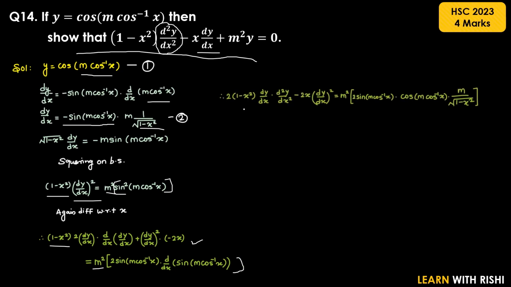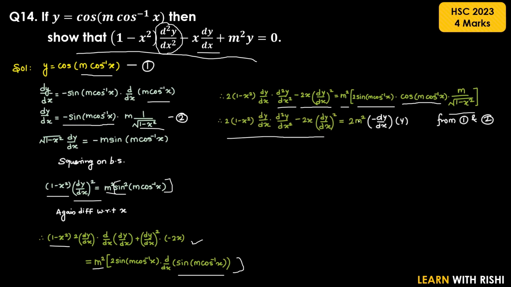So after solving, we'll get 2 into 1 minus x squared dy by dx into derivative of dy by dx, which is d2y by dx2, minus 2x into (dy by dx) the whole squared is equal to m squared 2 sine m cos inverse x, derivative of sine m cos inverse x. First, we'll find derivative of sine x, that is cos m cos inverse x, again into derivative of m cos inverse x, that is minus m upon under root 1 minus x squared. Okay.